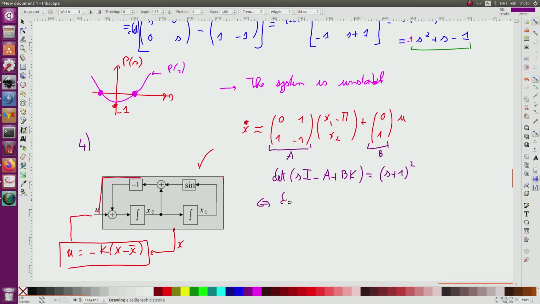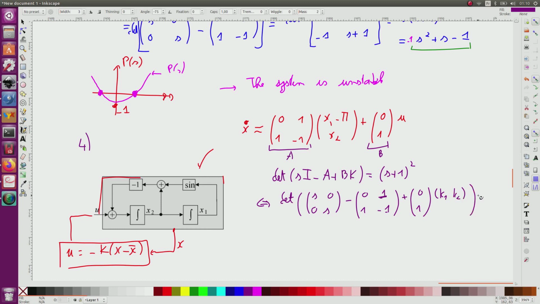So I have the determinant of s 0, 0 s, so this is for sI, minus A, so 0, 1, 1, minus 1, plus Bk, so plus B is 0, 1, and K is K1, K2.